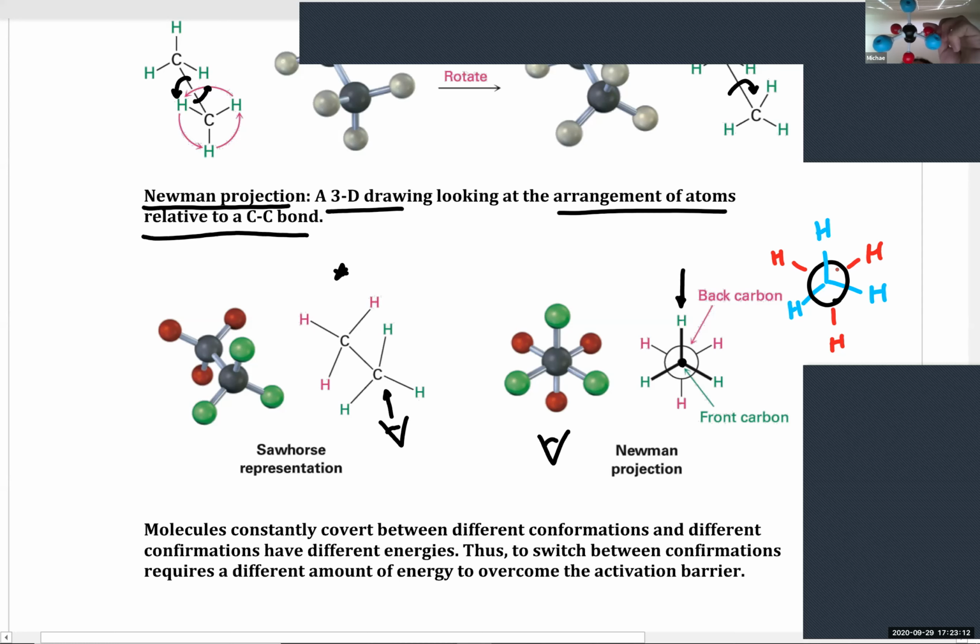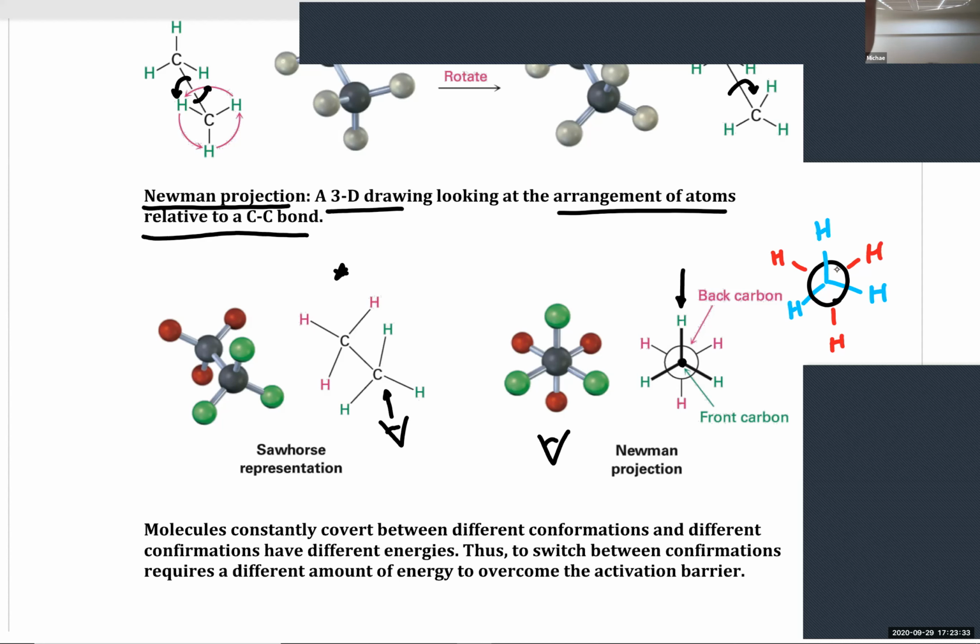Now, Newman projections are a matter of perspective. Depending on what carbon you're looking down, you'll end up with a different front and back carbon. We can just as easily look down the other carbon and we'll end up with the red substituents in front.